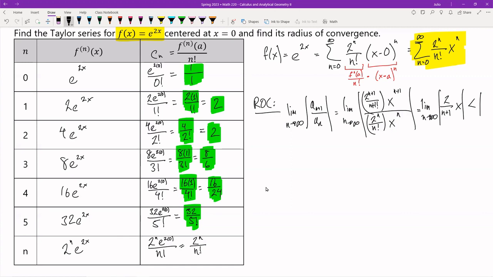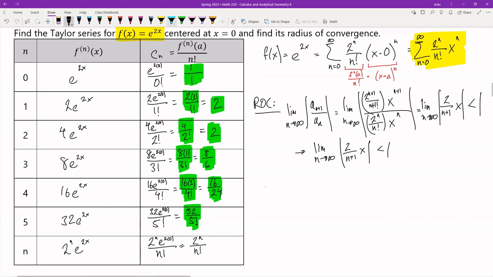Now, we're going to be talking specifically about this thing right here, the limit as n goes to infinity of 2 over n plus 1 times x. We need this to be less than 1.